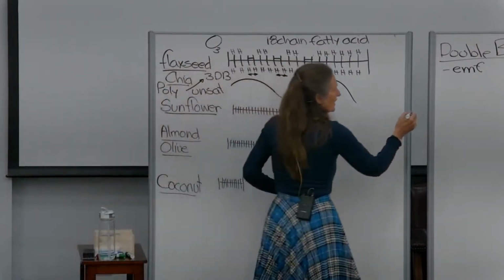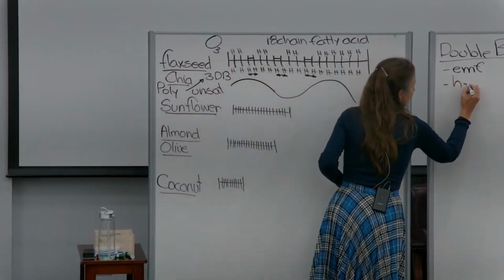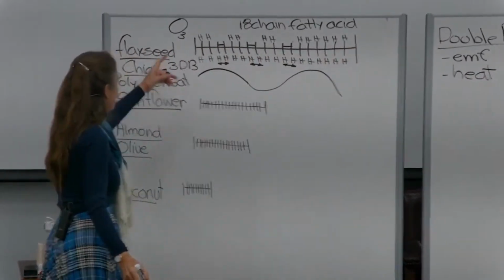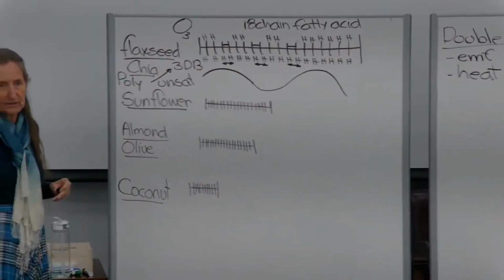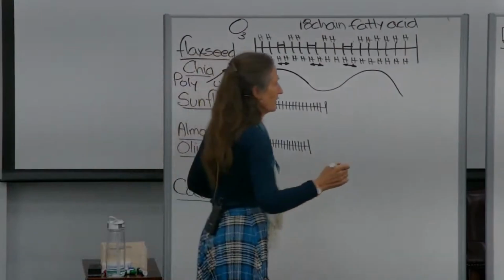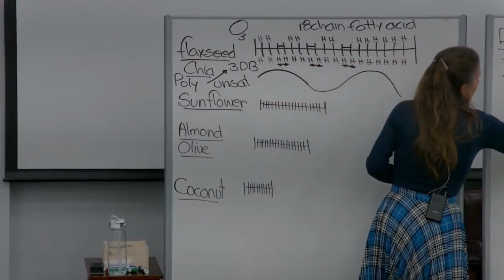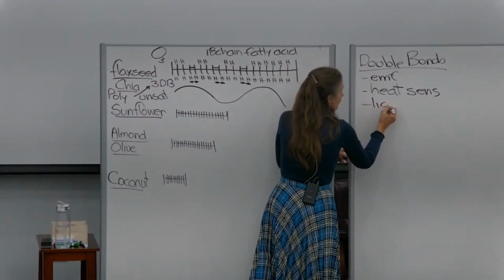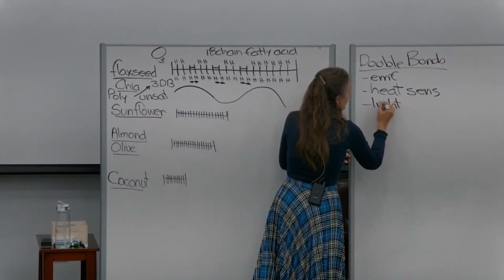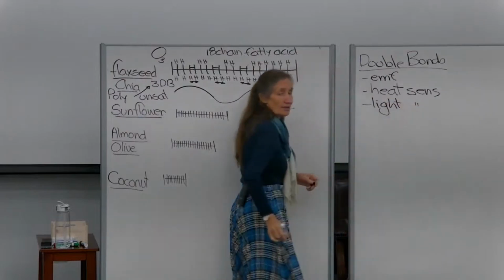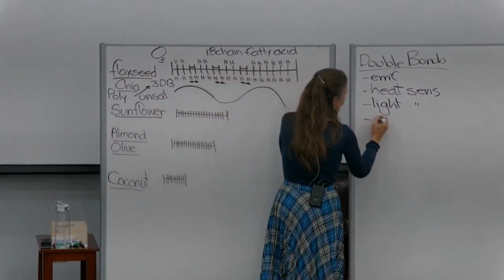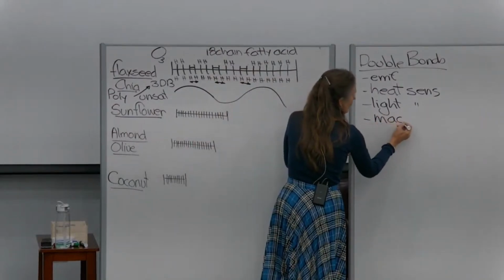Double bonds are heat sensitive, which means when we're eating nice amounts of these omega-3 rich foods, we're able to manage our heat better. These double bonds are light sensitive, which means we actually are more efficient at absorbing vitamin D. And these double bonds act like a magnet to oxygen.